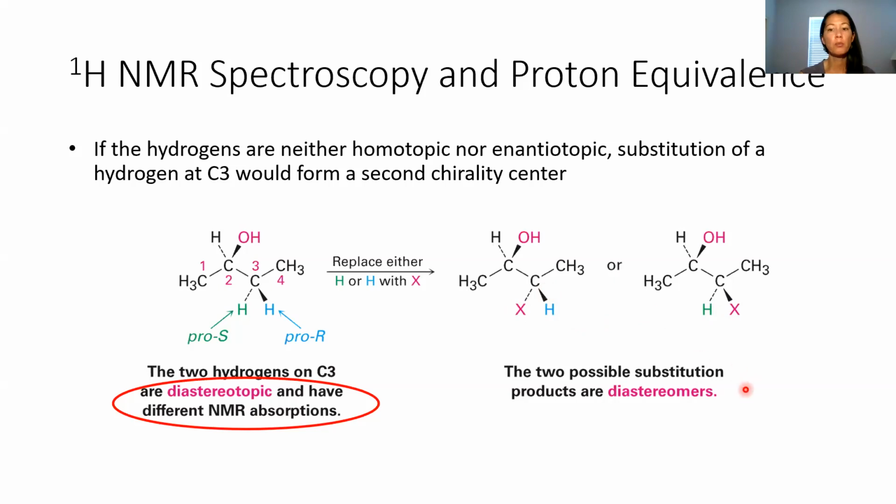They create possible diastereomers, so we call them diastereotopic, and they actually do have different NMR absorptions. So that's the killer one. That can sometimes be hard to see. Basically, my tip for you is if you already have a chiral center in a molecule, then you do have H's in different environments because they're diastereotopic. So then expect different NMR absorptions.